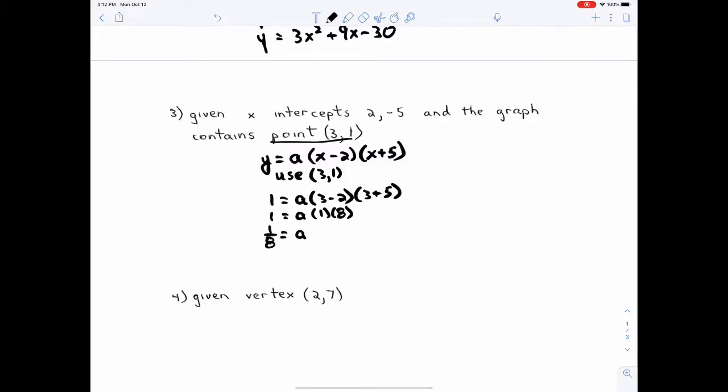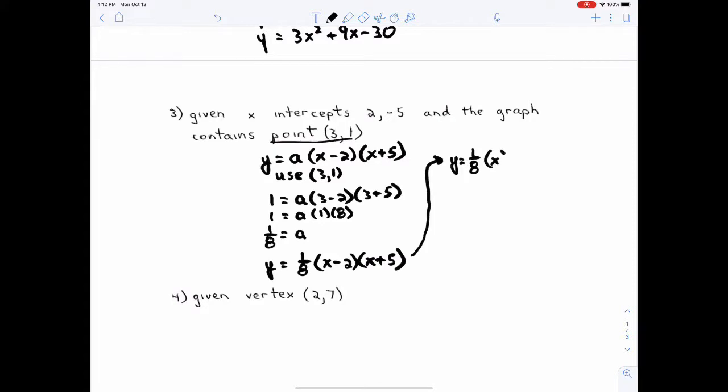So we have y equals 1/8 times x minus 2 times x plus 5. Now, this is not standard form, and it's not vertex form, but we're on our way to standard form. So what we do is, just like we did in number 2, we multiply it out. So we leave the 1/8 the way it is.